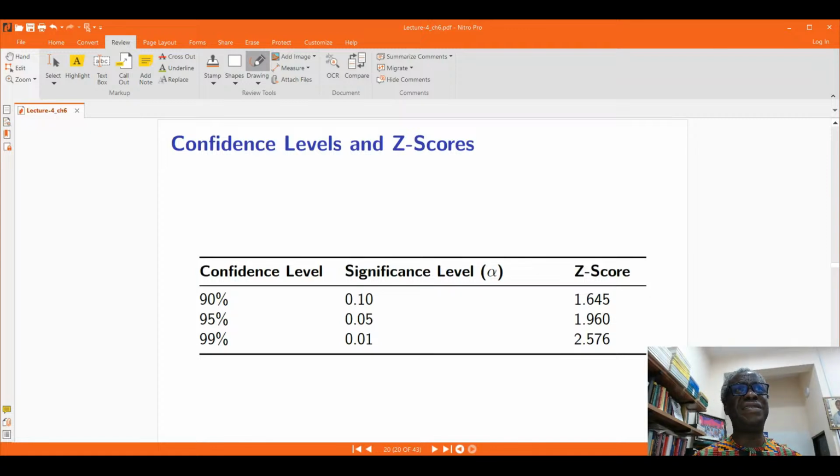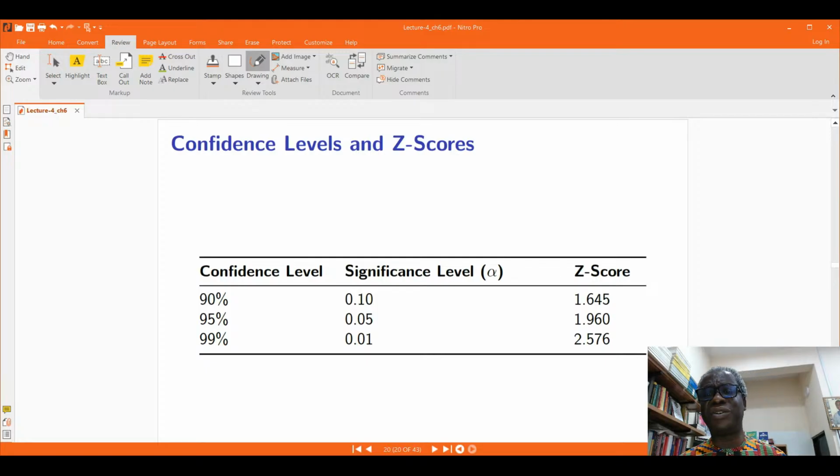So the confidence level is the complement of the significance level. If the confidence level is 90%, the significance level will be 10%, which is 0.1. If the confidence level is 95%, then the significance level will of course be 5%. If the confidence level is 99%, then the significance level, that is the level of doubt that you want to admit or tolerate, will be 1%.